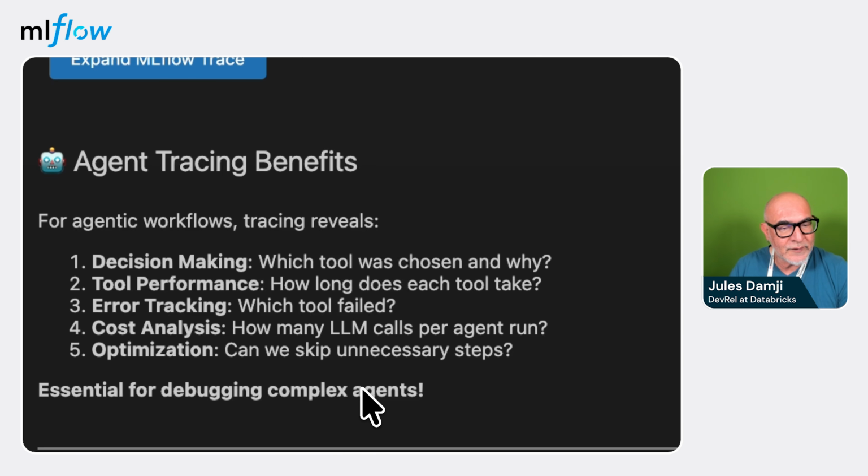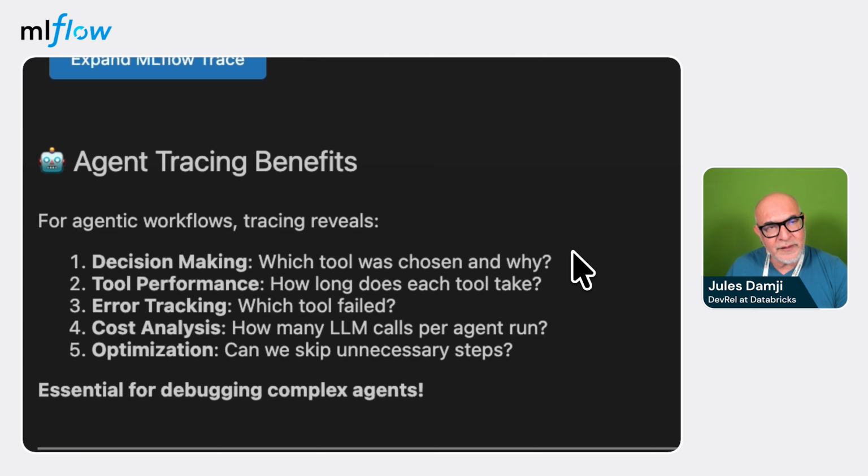If there's an error, you will see which tool failed in the entire chain. And cost analysis gives you some sense of how many tokens were used per run. That way you can find out whether you can use a different model for that rather than a big one, and this is where you go through the optimization. So this is essential debugging for complex agents if you're using a bunch of tools.